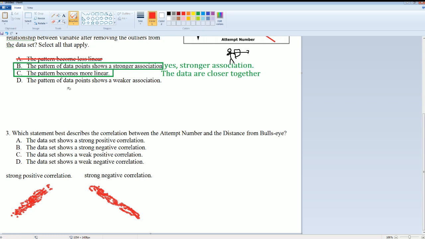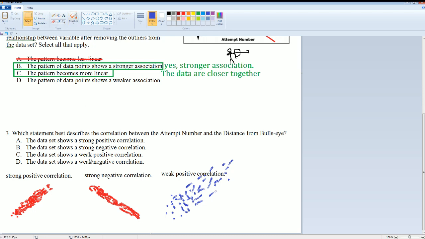Now I'm going to show you the weak positive. I'm going to make this blue. This is weak positive. Notice how the points here are more scattered.